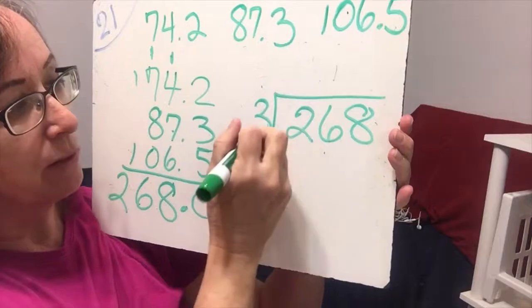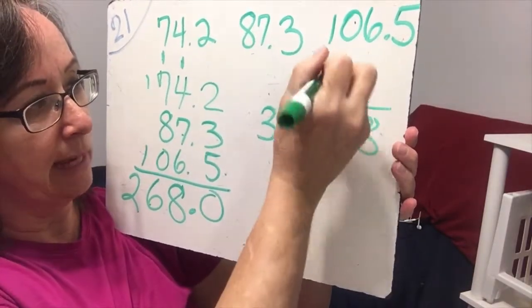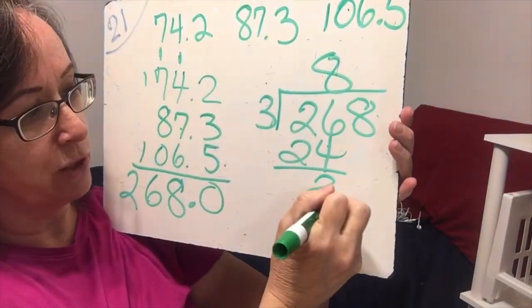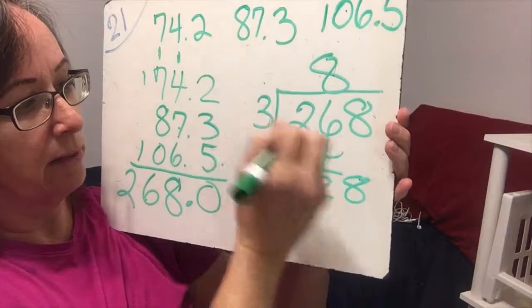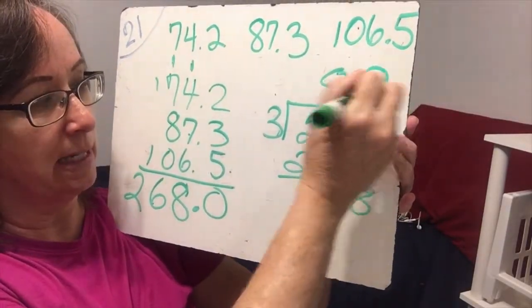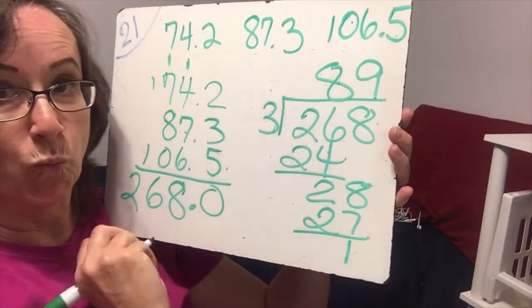So here we go. 3 goes into 26 8 times. 8 times 3 is 24. And subtract and get 2. Bring down my 8. 3 into 28 is going to be 9. 9 times 3 is 27. And we wind up with a 1.